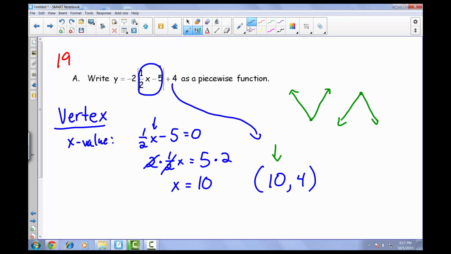Now, because our a value here is negative, we should see a v going downward. And that really helps us in determining where our negative and where our positive slopes are going to end up.